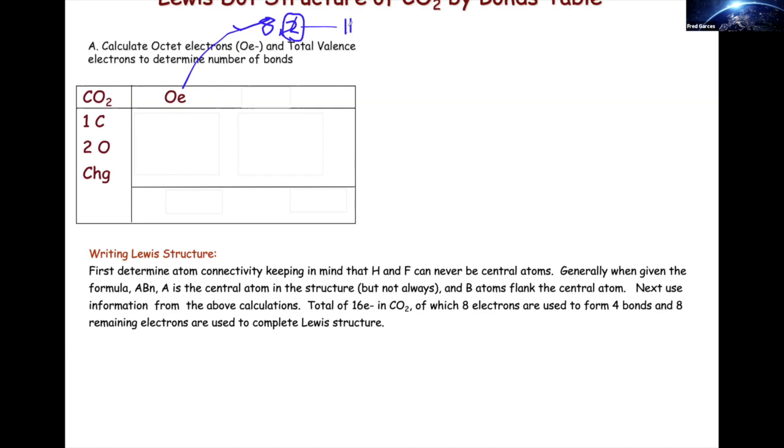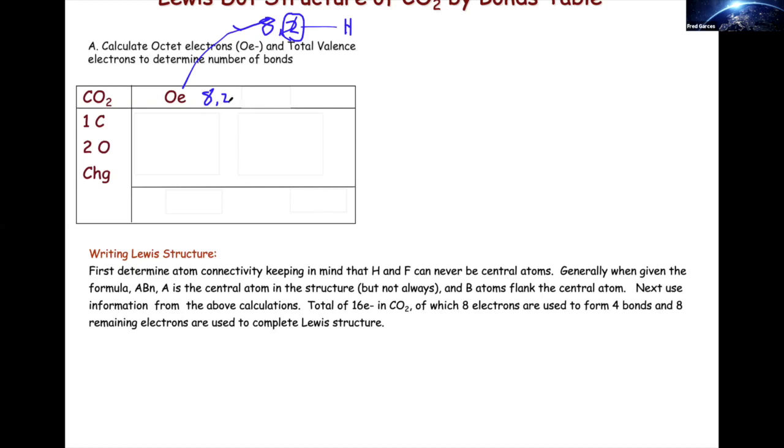Because hydrogen, in order to give it the same number of electrons as the closest noble gas, is satisfied with 2. All other elements want 8. Okay, so this column can only be 8 or 2. Don't make it harder than it is.